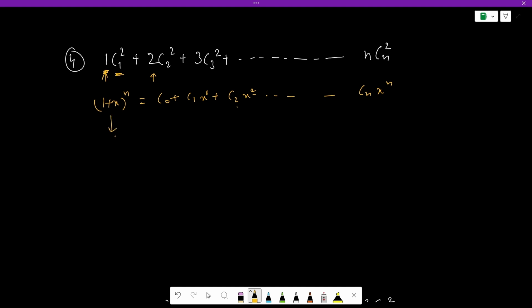If we differentiate this expression, we will get n into (1 plus x) raised to the power n minus 1, and this will be equal to 0 plus c1 plus 2 c2x plus so on, n cn x raised to the power n minus 1.